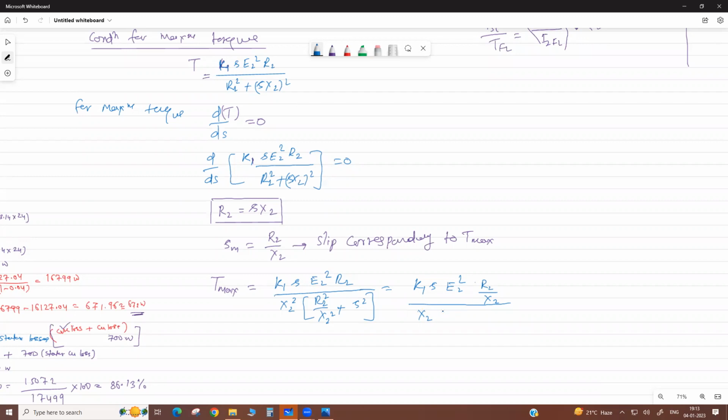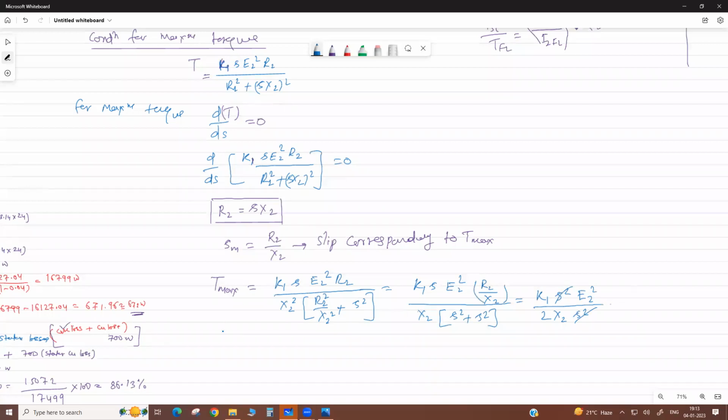Then this is also slip: slip square plus slip square. And this is also slip. So my dear, we can write K1, now this slip and this is also slip, so it becomes S square E2 square divided by twice X2 S square. This slip square is cancelled.